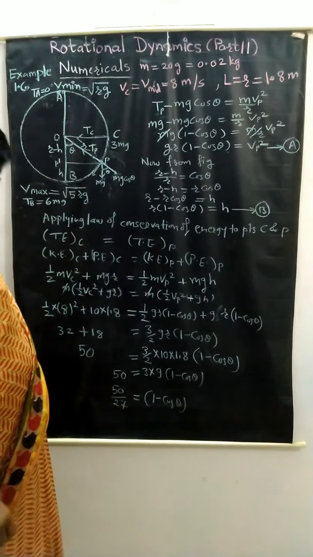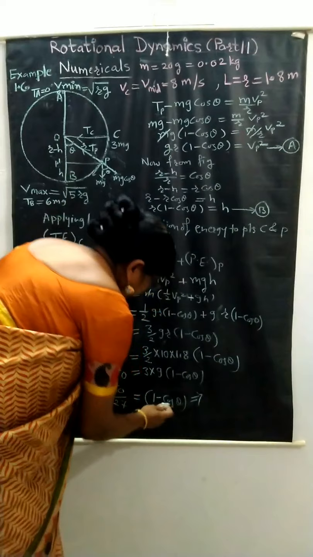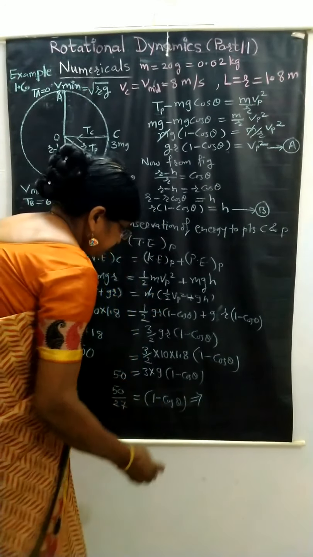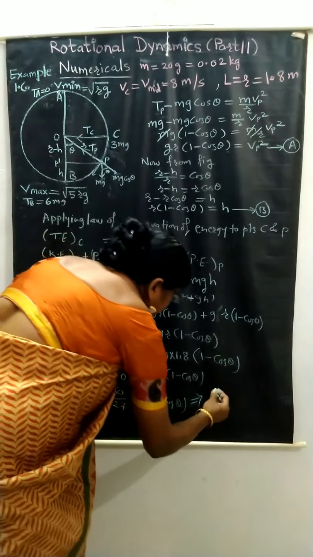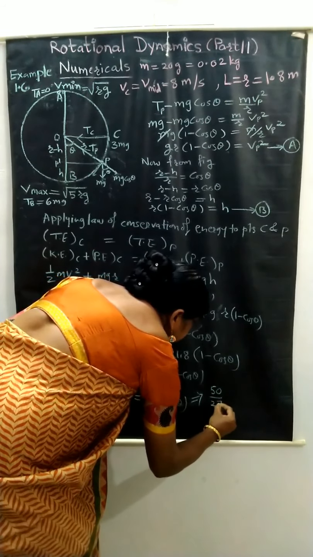Now this implies that minus cos theta is equal to 50 upon 27 minus 1.